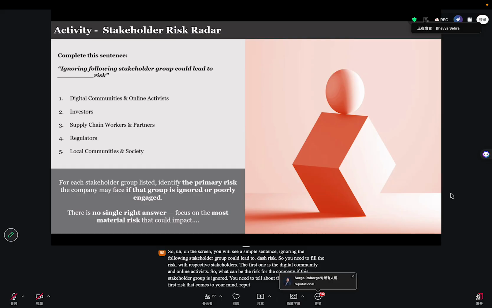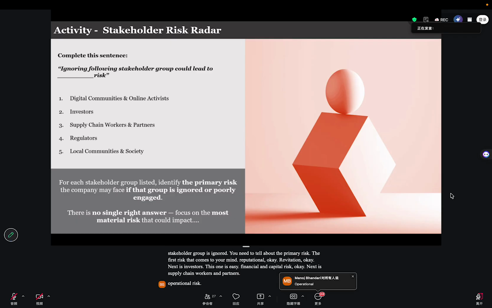Reputational, okay. Next is investors. This one is easy. Financial and capital risk, okay. Next is supply chain workers and partners. Operational risk, okay.